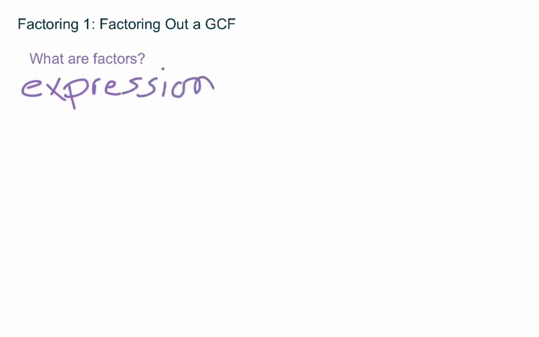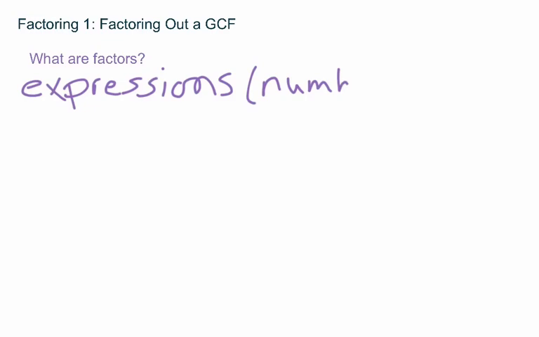So this first part of the lesson is going to cover the vocabulary and cover some basic examples of factoring. So the first question we're going to ask is, what are factors? So I'm going to give you a definition for what factors are. They are expressions, and that is an older math word, but expressions, we'll do a little definition of that.